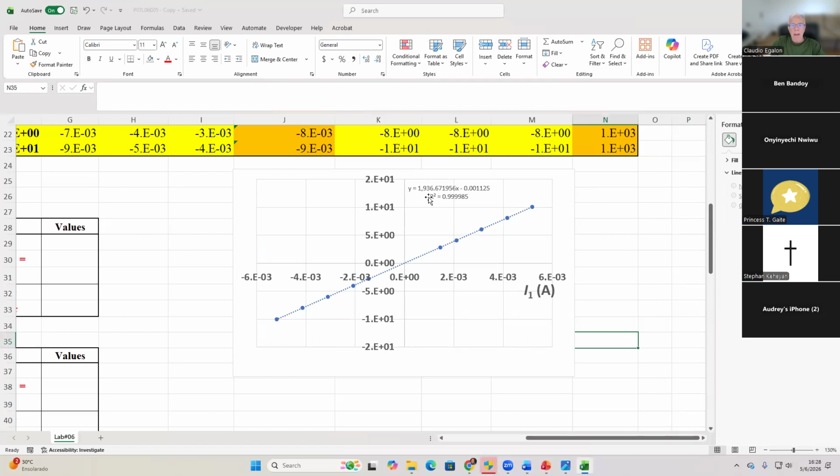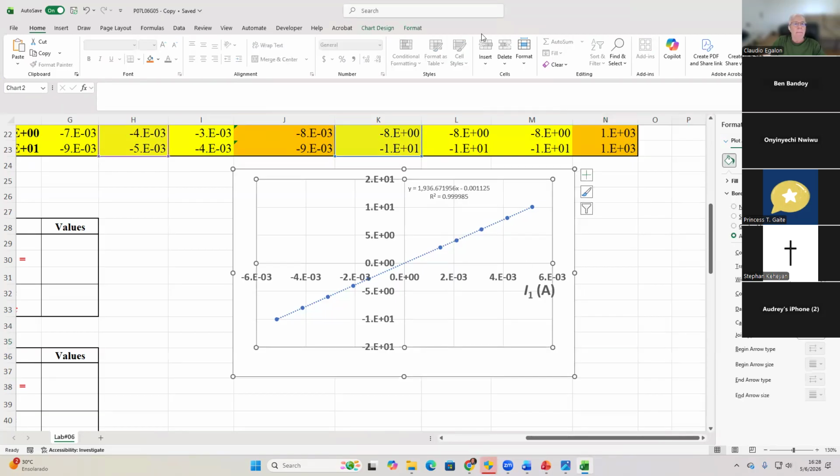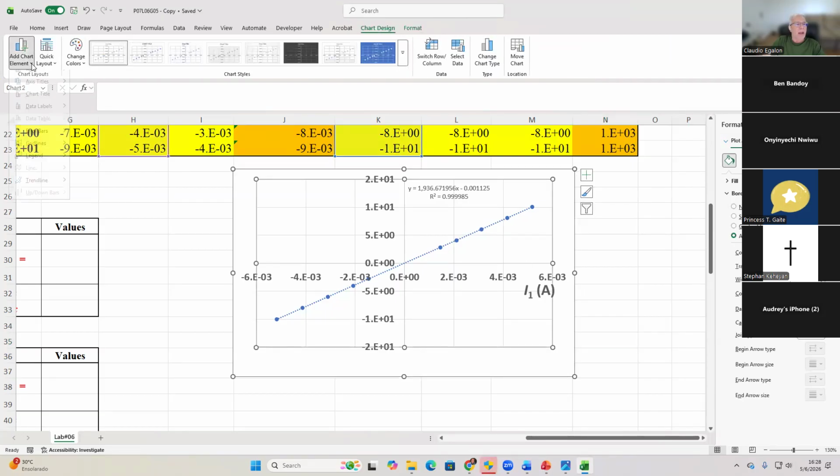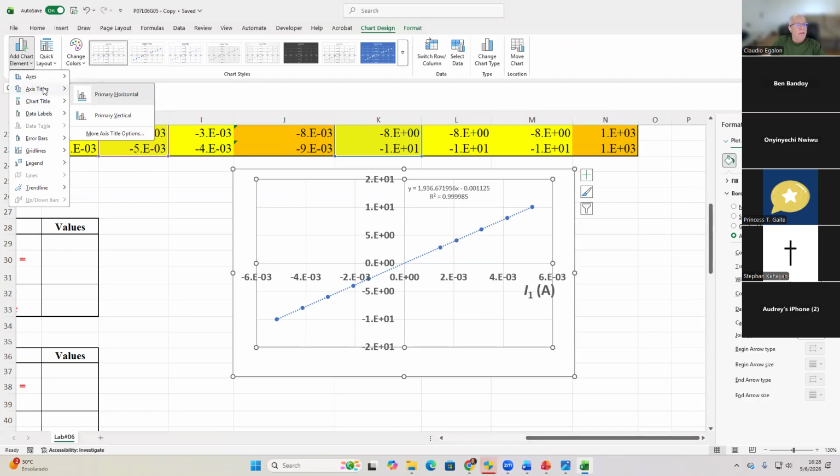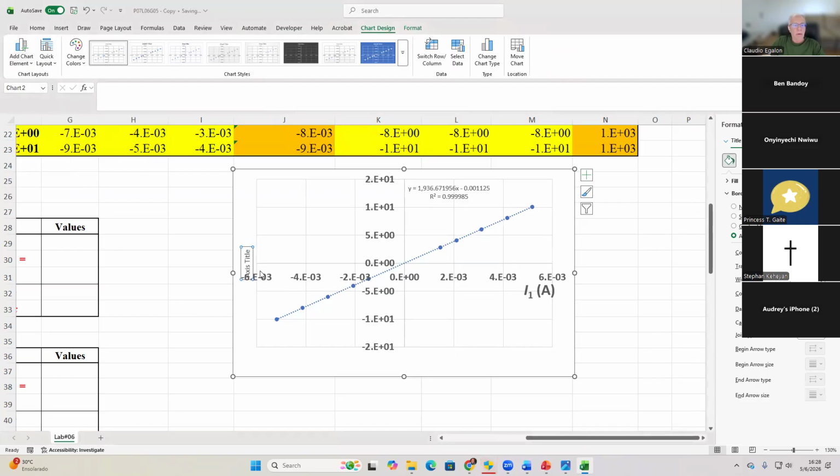And then I have to label V1. Chart design, axis title, primary vertical. Yeah, Excel put the axis title here. That's okay to put the axis title here, okay? So what's the size here? 20.